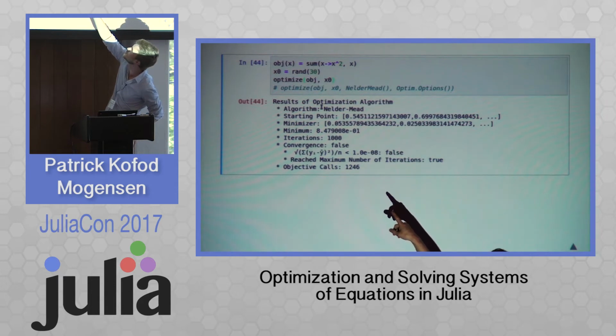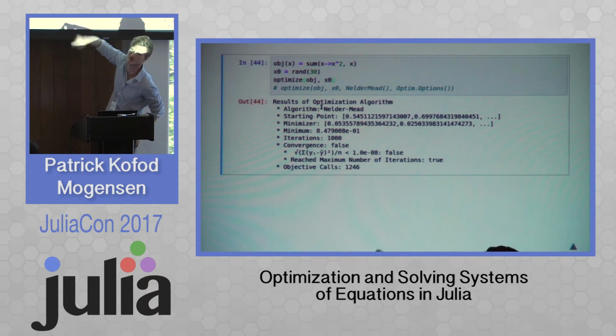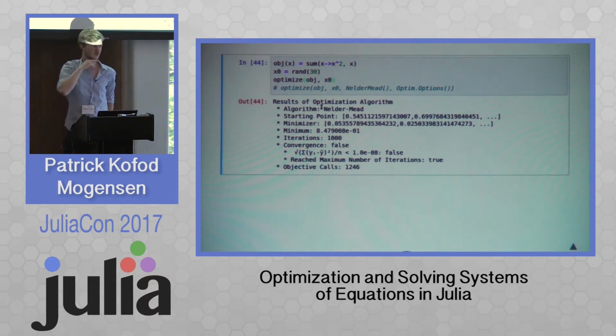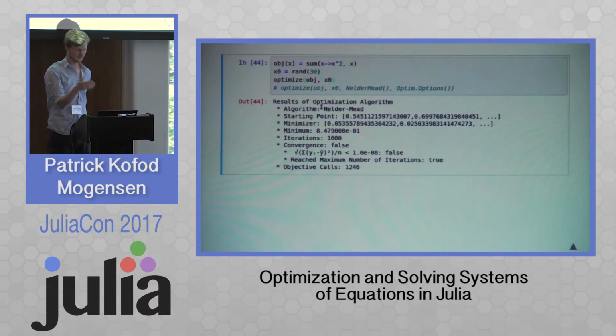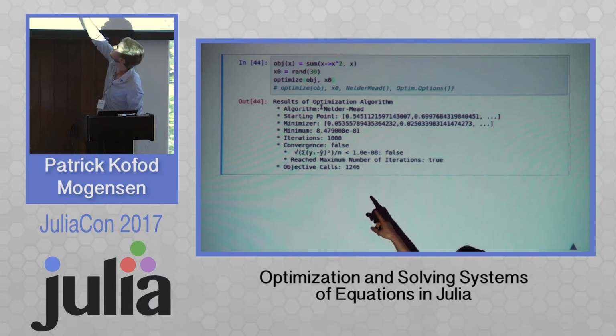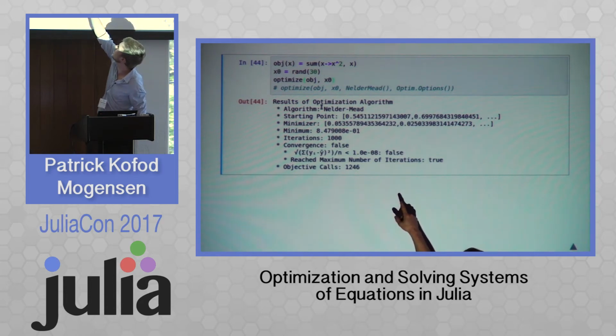And the proposed minimizer is 0.05 and 0.025, and then some other things. But just by looking at the function, it's very obvious that the minimizer should be just a vector of zeros, right? And it also tells us that it tried to find a minimizer for 1,000 iterations. That's the default choice. And that it failed to converge.